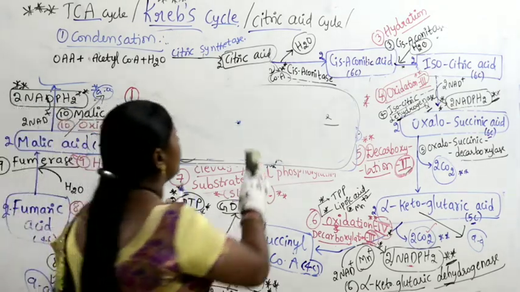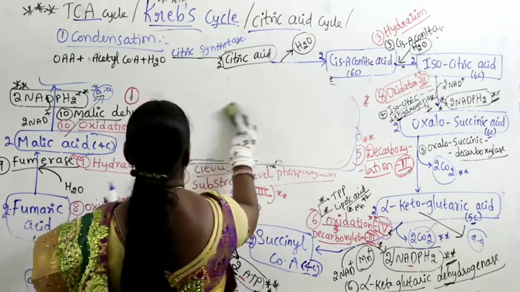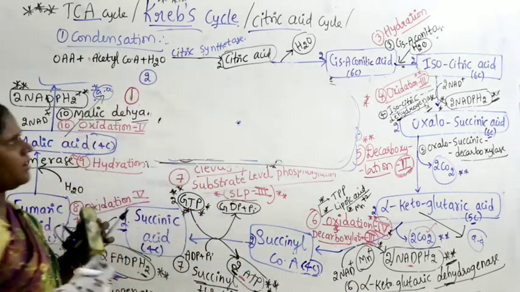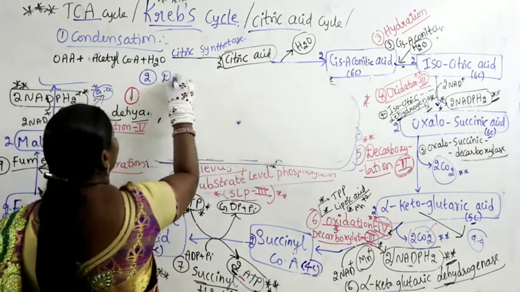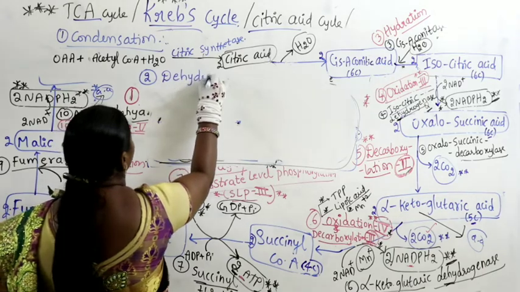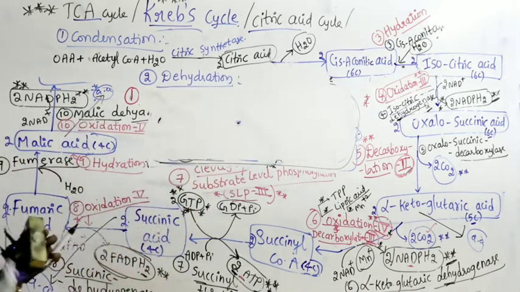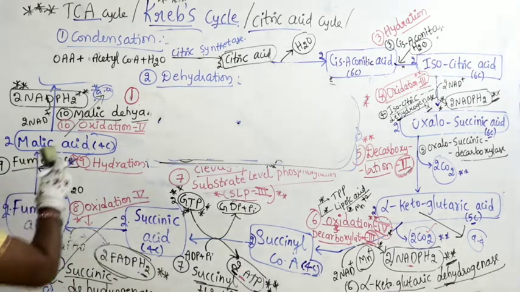That is the first reaction. Now let us go with the second reaction. Second reaction is where water is coming out, so we call this dehydration. Start writing all equations one after the other.